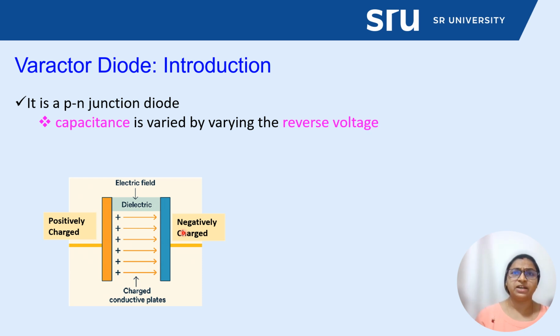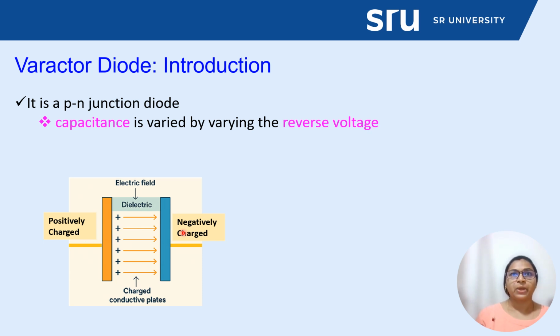On the other hand, dielectrics are very poor conductors of electricity. So a dielectric doesn't allow electric current through it, but it allows electric field or electric forces.